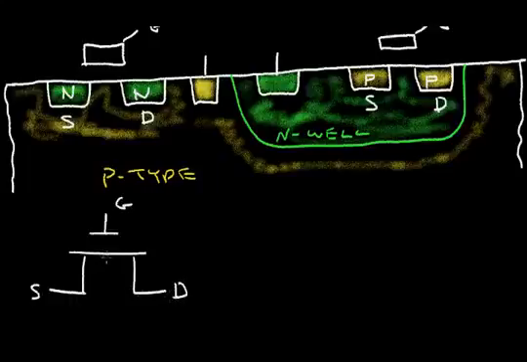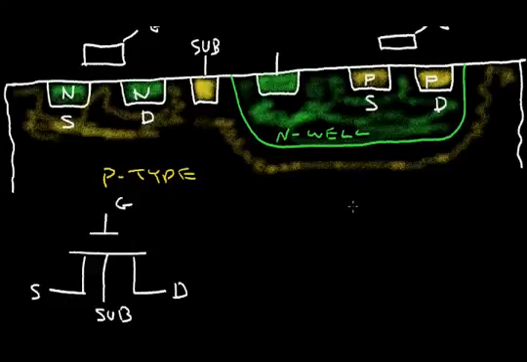And there's actually a fourth terminal, and this fourth terminal is the substrate connection. I'll call it SUB. And that's this connection here, SUB, and that connects to the P-type silicon material.